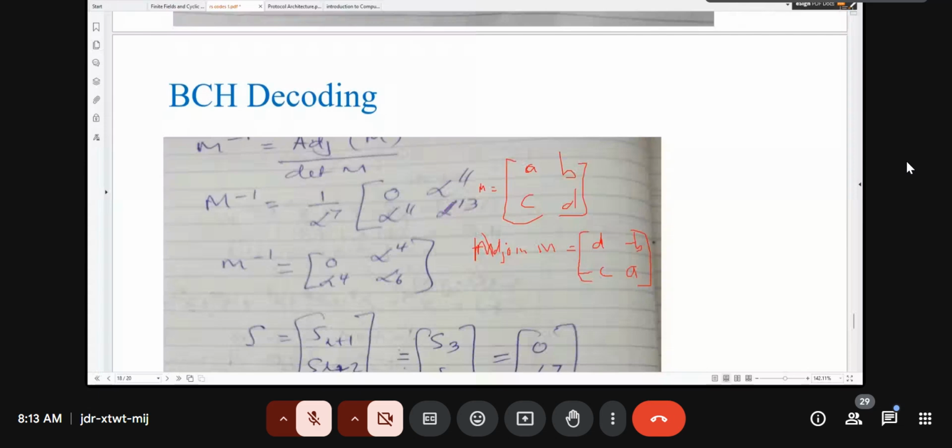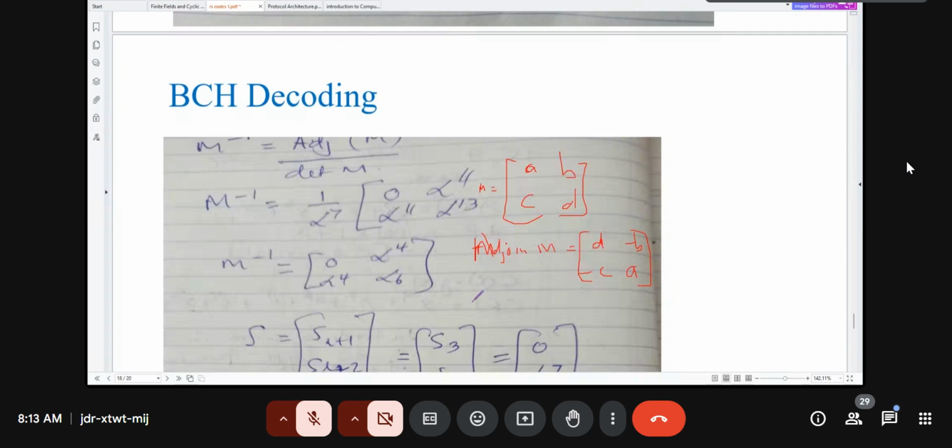So the determinant of M should be AD minus BC. I think that's how it should be. So BC are these ones, so this is alpha to the 22.